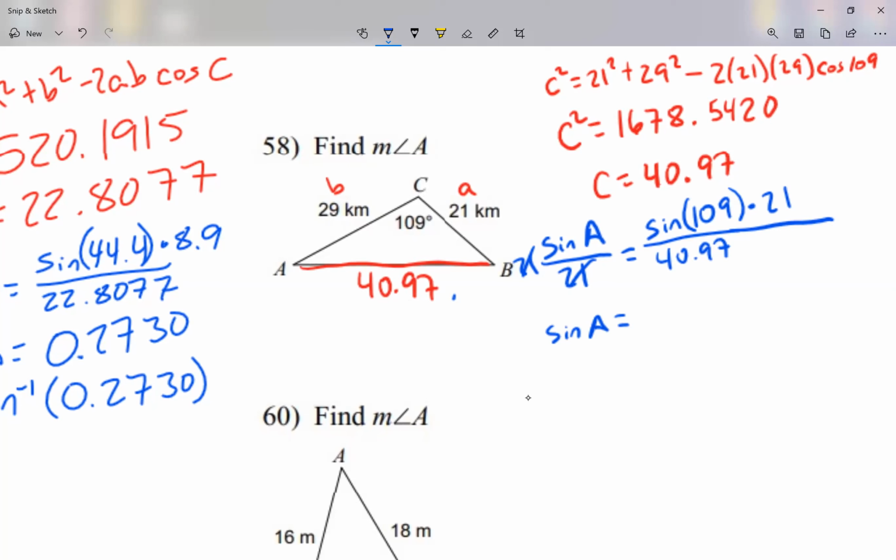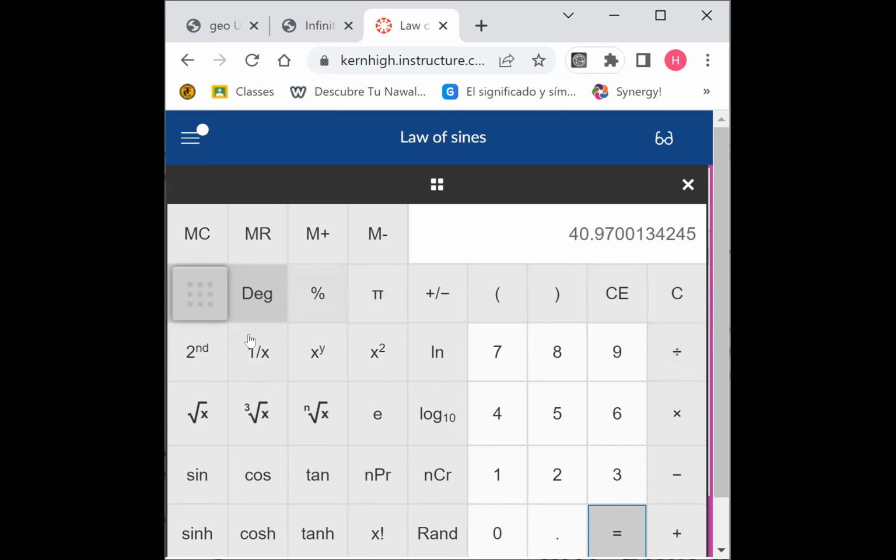Okay, so let's take a look. Sine of 109 times 21 divided by 40.97. So 0.4846.